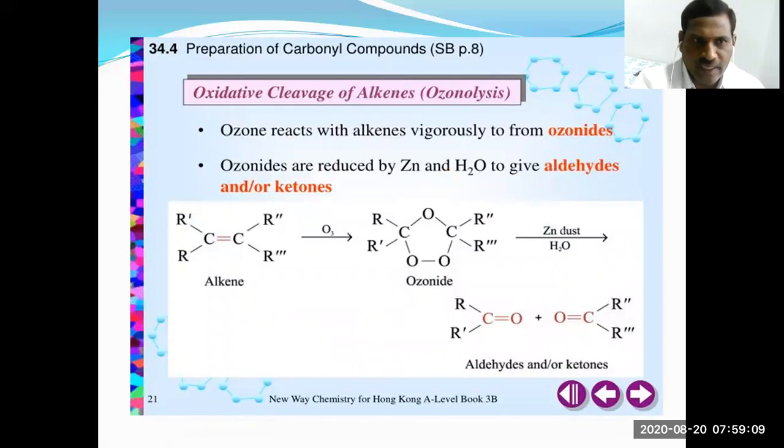Also, we can prepare the carbonyl compounds from the ozonolysis reaction of alkenes. The reaction is called oxidative cleavage of alkenes by ozonolysis. Ozone reacts with alkenes to form ozonides.